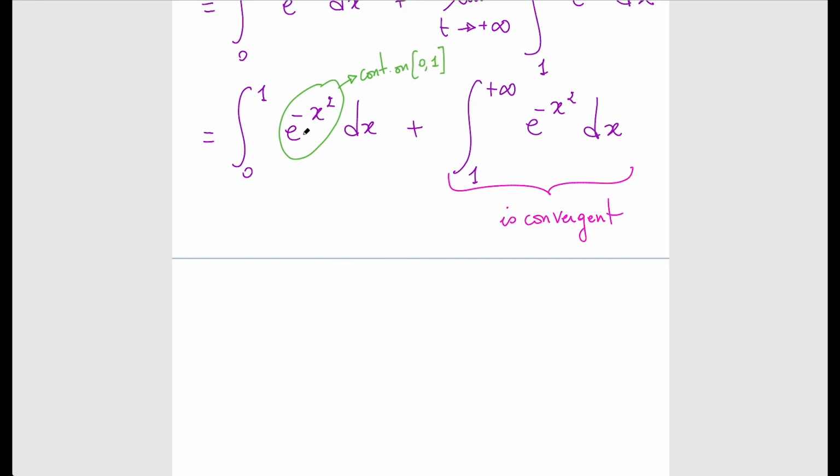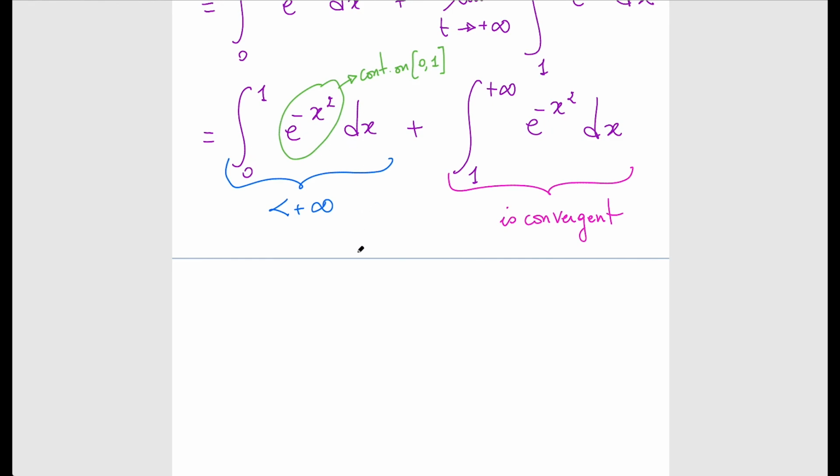Correct? And hence its definite integral over 0, 1 is certainly going to be finite. I don't need to know the exact value of this, but certainly this is finite because I'm integrating a continuous function over an interval of finite length, right? The function is continuous there. Certainly this is going to be finite.